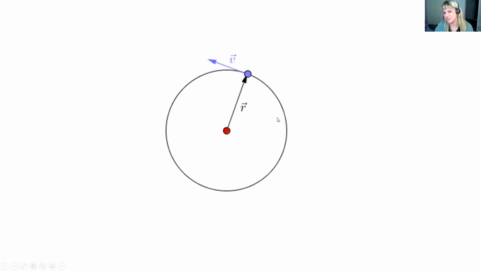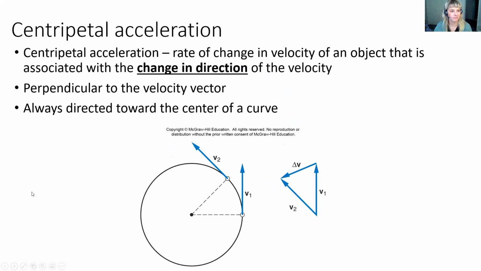So that's happening when something is moving in a circle. This is what's called centripetal acceleration. This is the rate of change in the velocity of an object that is associated with the change in the direction of the velocity vector.